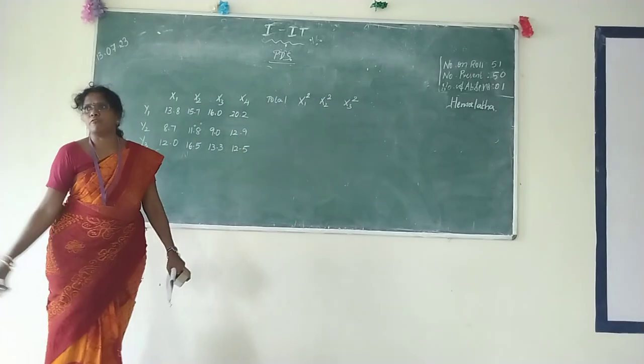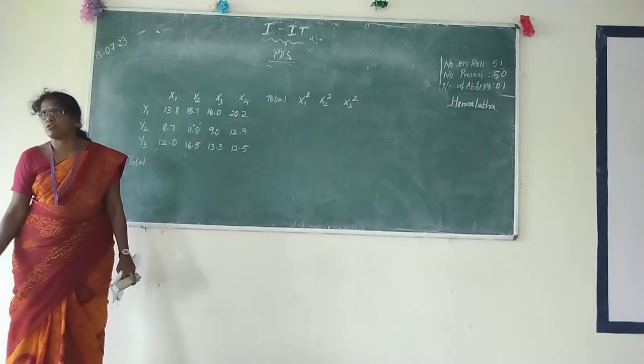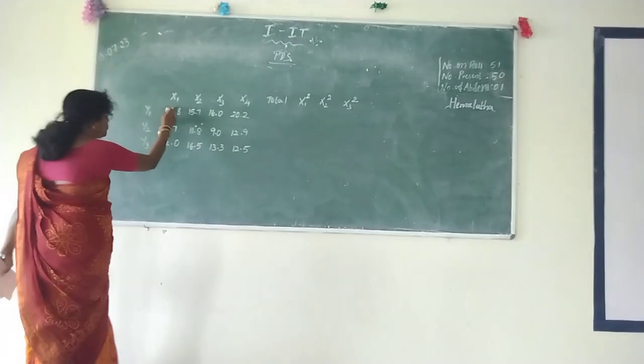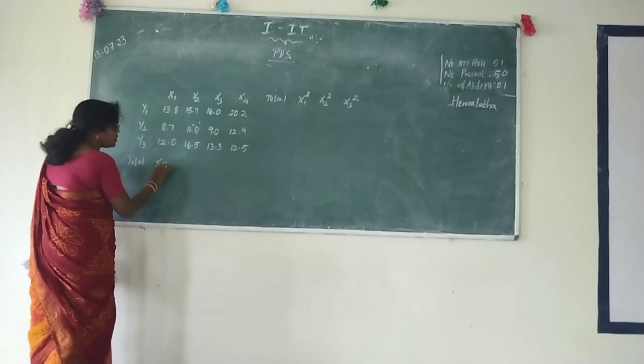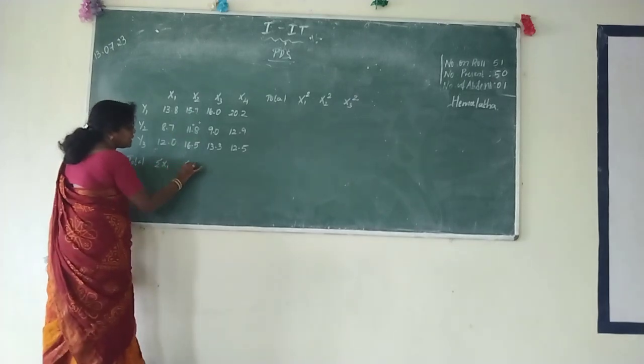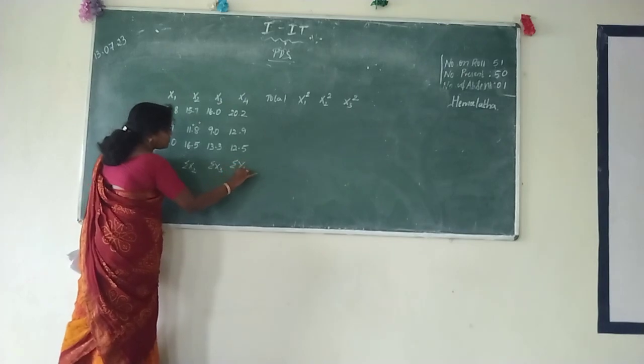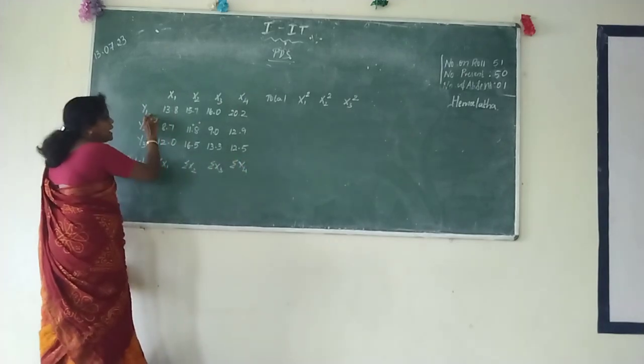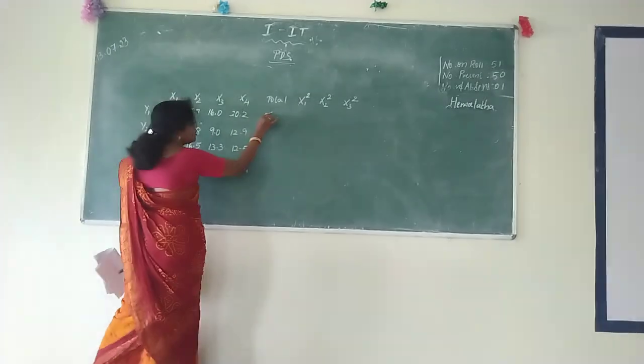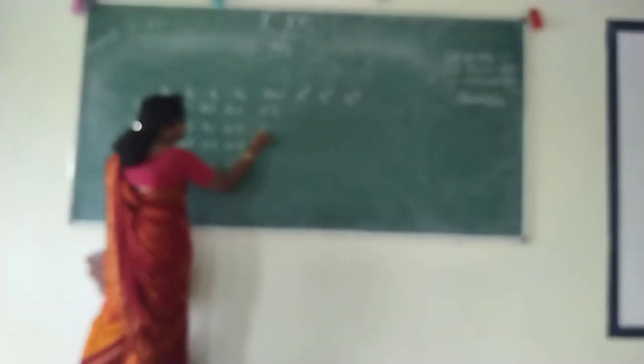This is the table you have to form. First column total will give you summation of x1, then x2, x3, x4. When you add row wise, the first row total is summation of y1, next summation of y2, summation of y3.